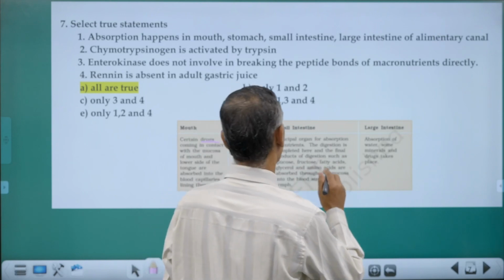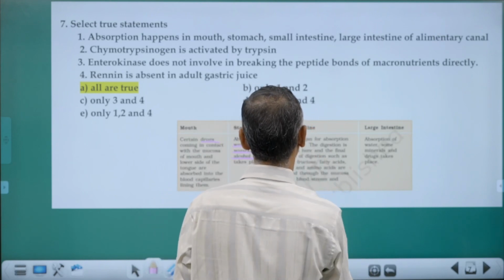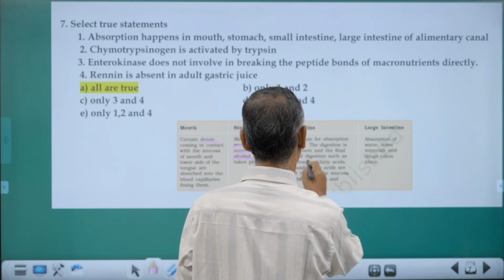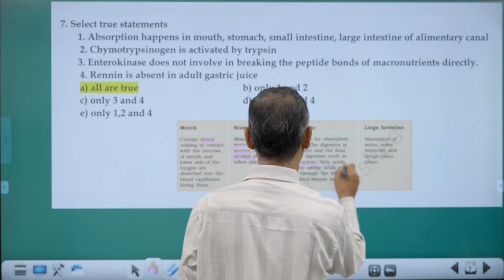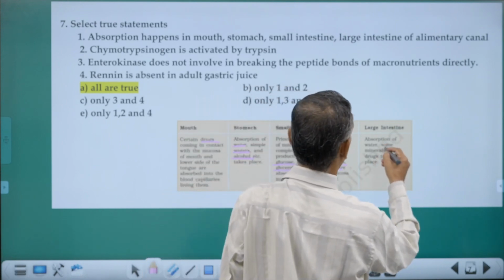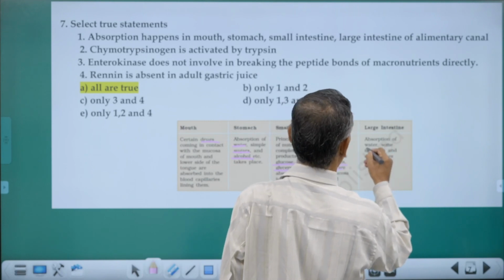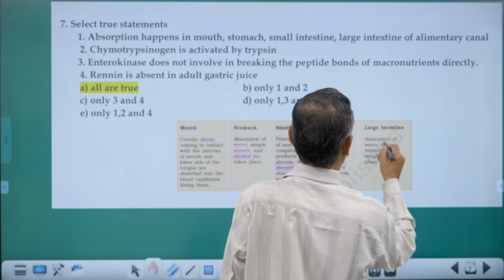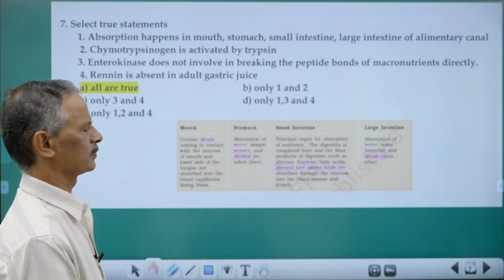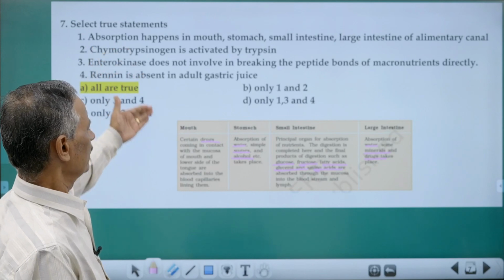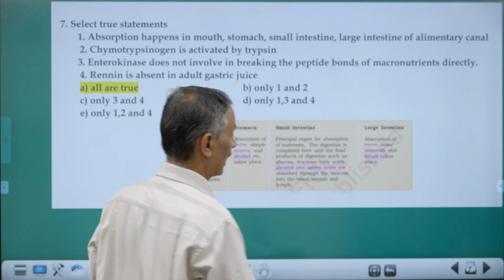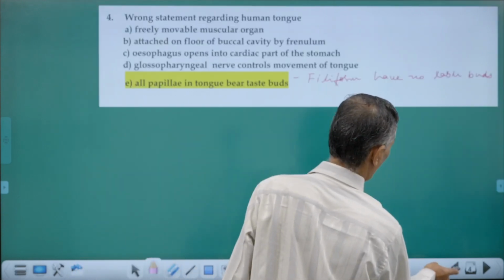The main nutrients are all absorbed in the small intestine because digestion is completed here, and the final products of digestion such as glucose, fructose, fatty acids, glycerol, amino acids are all absorbed here. In the large intestine, we are having absorption of water, minerals and drugs. So these are the different parts of the alimentary canal through which the digested food materials are absorbed.